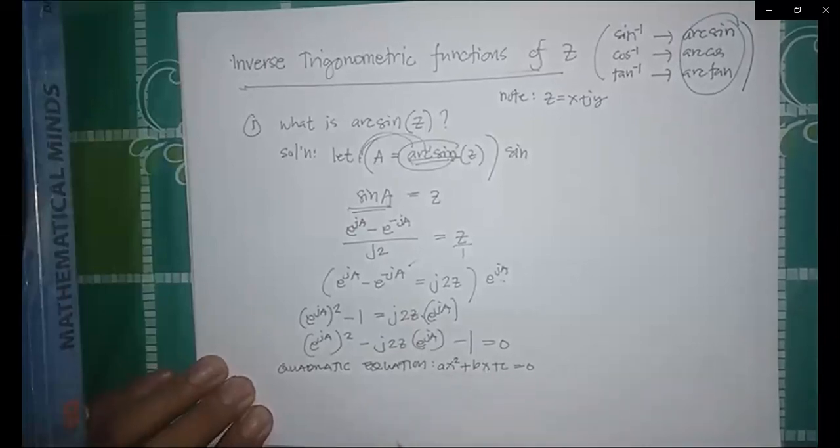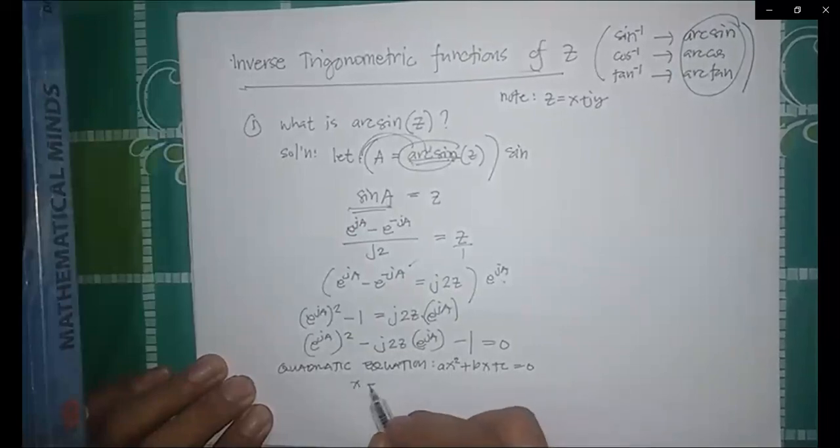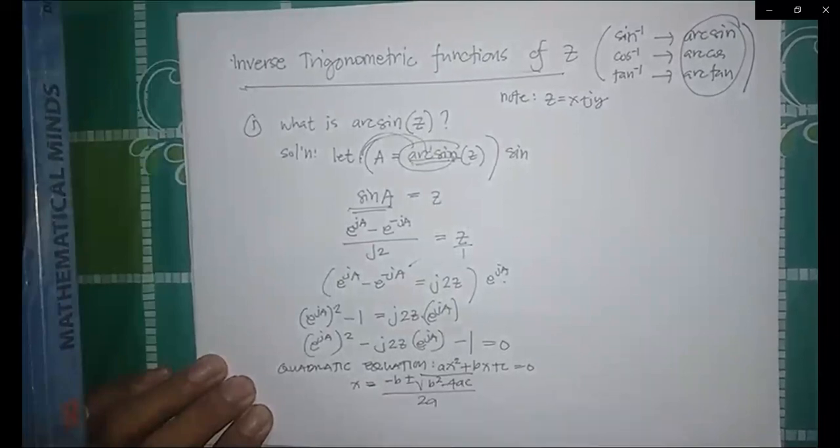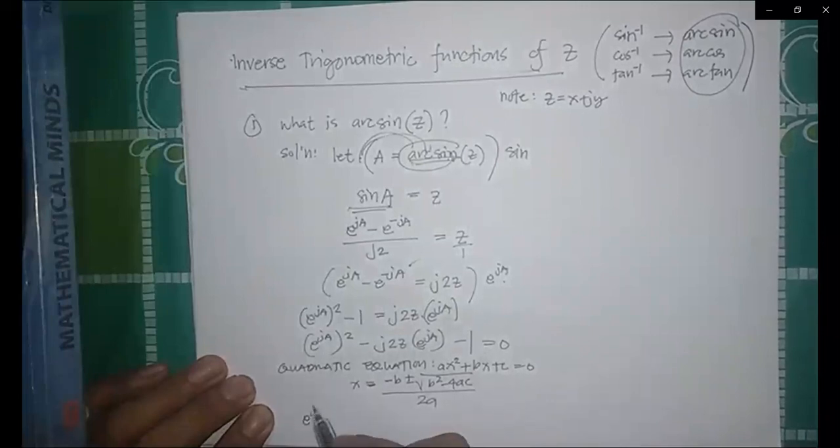And do you know how to solve for x? That is using the quadratic formula. So in this case, x is equal to minus b plus or minus the square root of b squared minus 4ac, all over 2a. But in the case of the equation above, since we are not using x, we are using e raised to ja, therefore e raised to ja can be solved using the quadratic formula.